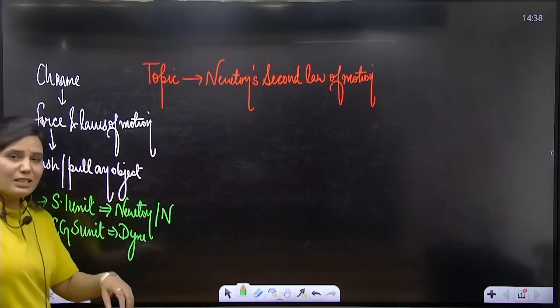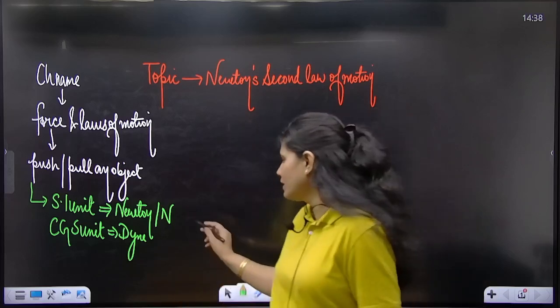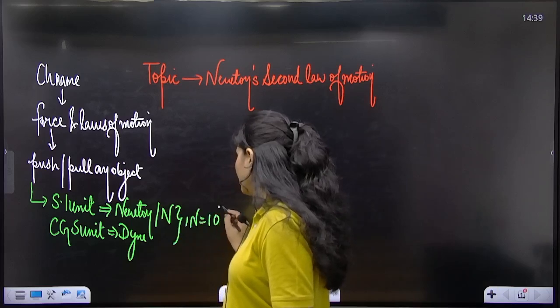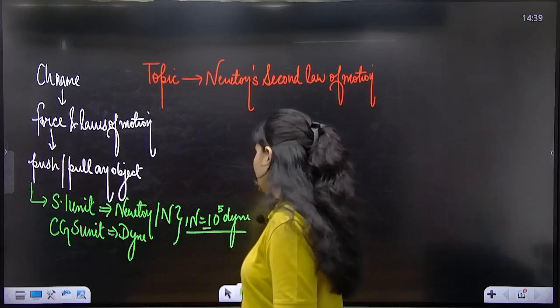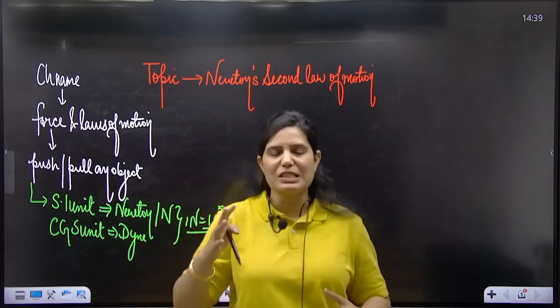And what is the relation between the SI or MKS and the CGS? That 1 Newton is equal to 10 to the power 5 dyne. Okay, and you know that force is a vector quantity because it has a magnitude as well as direction, right?